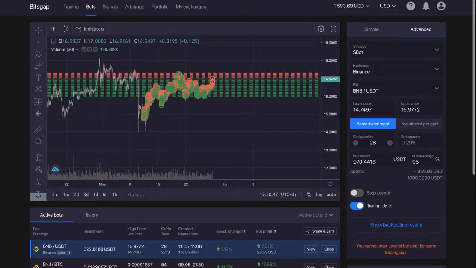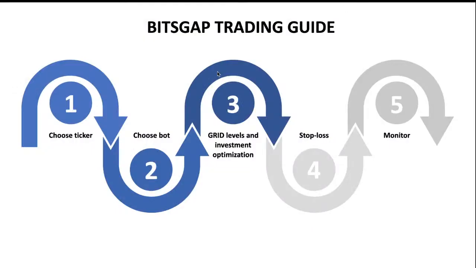That's the idea. So the trading guide would be to choose the ticker, choose the right bot for this ticker, and in 5 minutes I will explain to you what are the primary differences between our bots. Then later, the third step would be to adjust the grid quantity based on your balance, based on your allocated amount of base currency and quote currency.